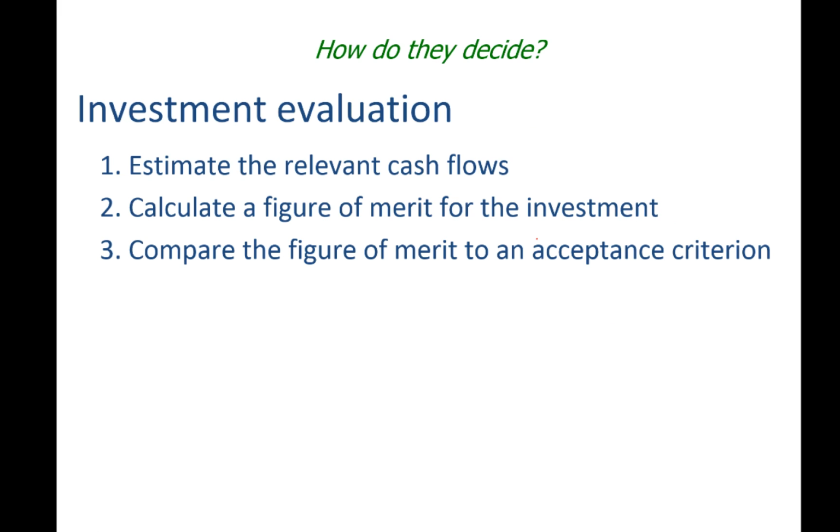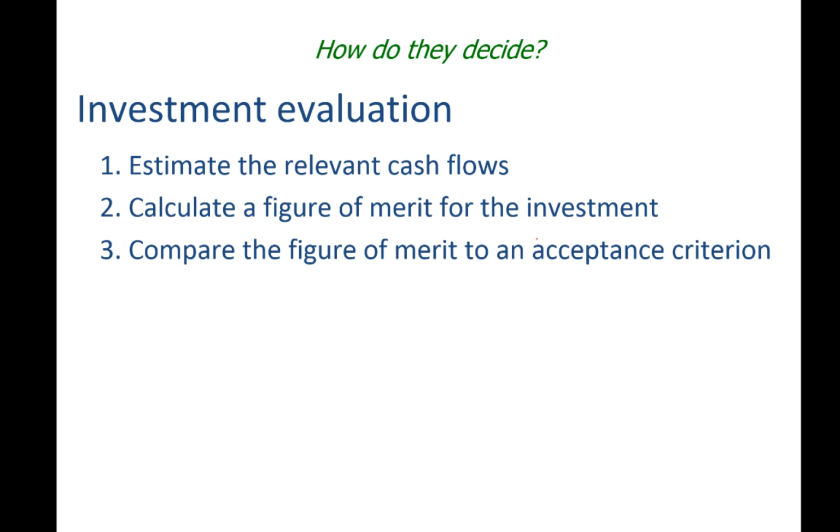I'll give you a little glimpse into how that evaluation process works as a pathway of where we're going. And this answers the question, how do they decide what to invest in? There's usually a pretty standard process that corporate finance uses. That begins by first estimating all of the relevant cash flows that are involved in this particular investment.